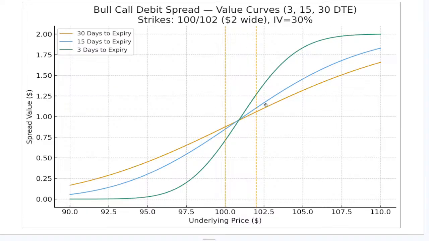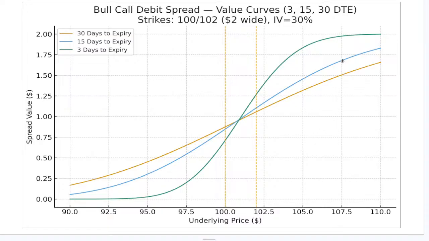So if the price moves above 102, you won't get any additional profit at expiration. So this is a maximum $2 profit. At 3 days, if it moved to around 107, you get the full profit.